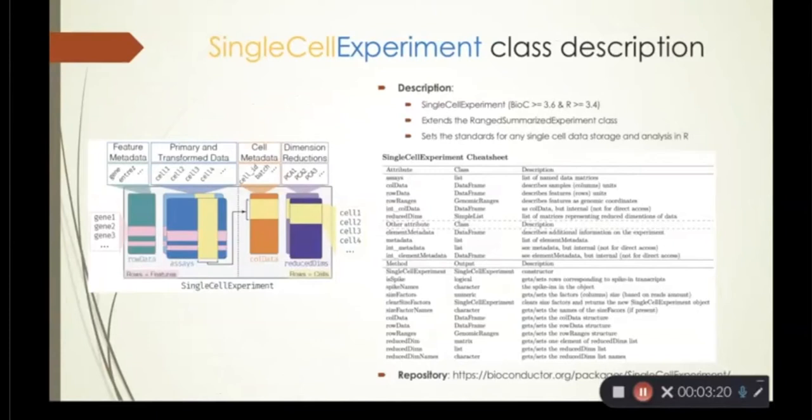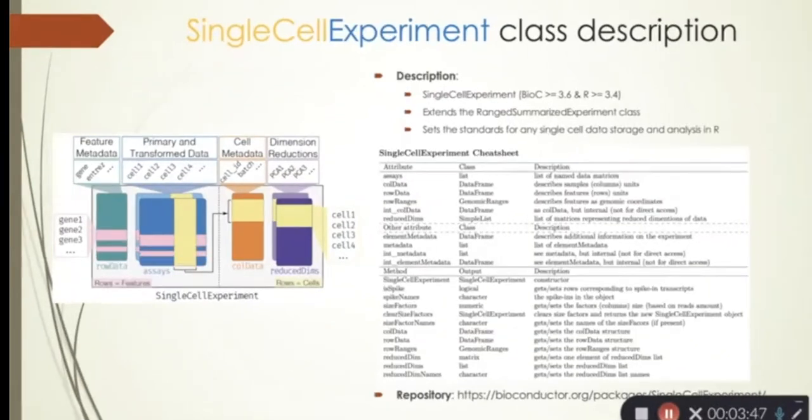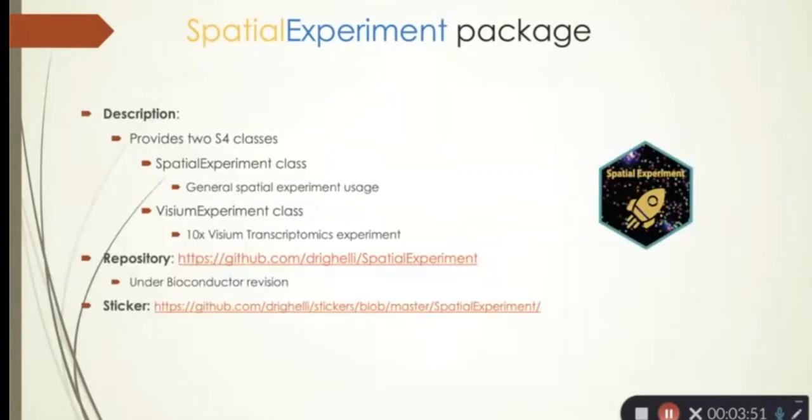We started from the SingleCellExperiment class because it sets a standard for any kind of single-cell data storage and analysis in R. It has been in Bioconductor since version 3.6, and it provides several attributes and methods for the handling of this kind of data. So our package provides two S4 classes, the Spatial Experiment class and the Visium Experiment class.